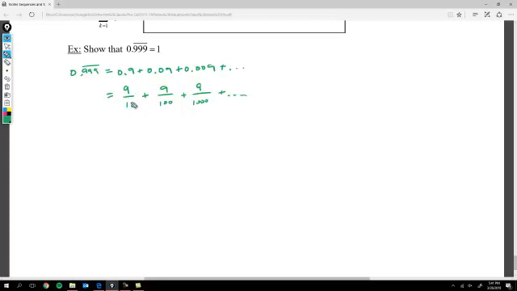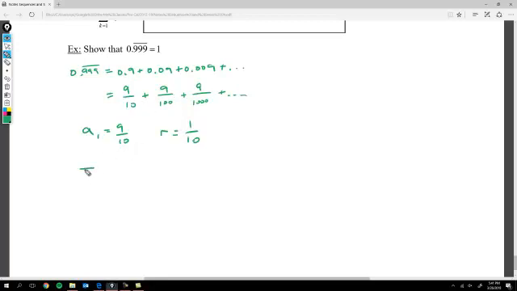So if I multiply my first term by 1/10, I get here. If I multiply this by 1/10, I get here, and so on and so forth. So I see a couple things. My first term is 9/10. My common ratio is 1/10. And again, even if you didn't see that, you could find your common ratio by taking any term and dividing by the previous term. So if you divide 9/100ths by 9/10ths, you would get 1/10.